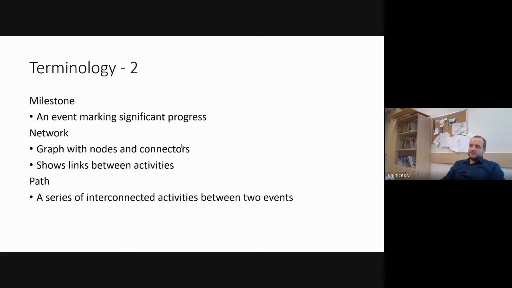Milestone is an event marking significant progress. Network is a graph with nodes and connectors, which shows links between activities. Path, a series of interconnected activities between two events.